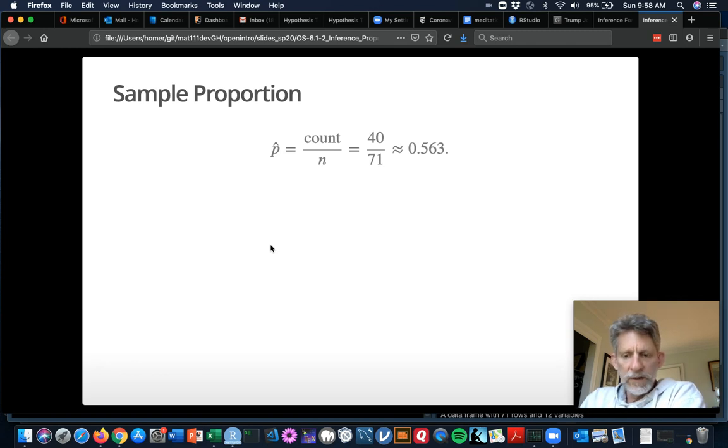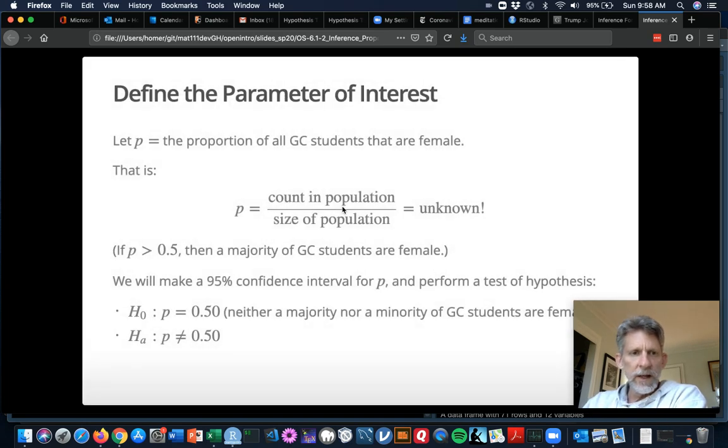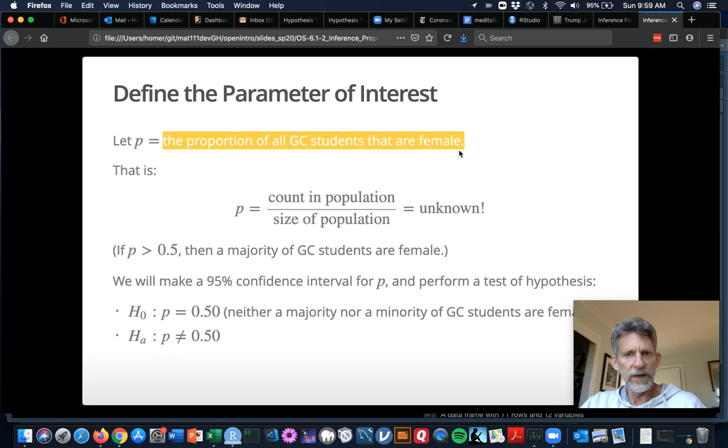So go ahead and get the sample proportion. That's the 40 divided by 71, .563. And let's go ahead and think about the population parameter of interest. It's a population proportion, so we'll call it P. And in words, it's the proportion of all Georgetown College students that are female.